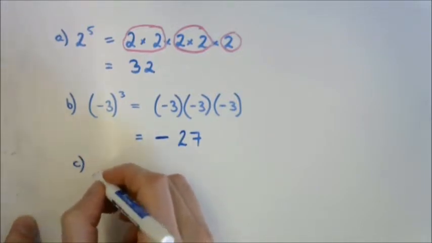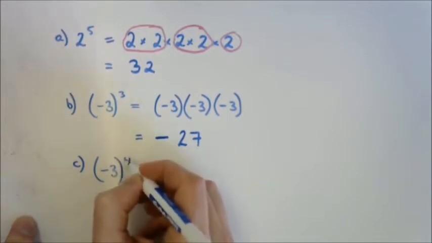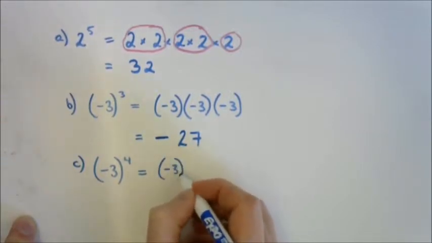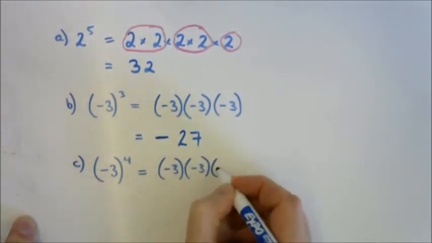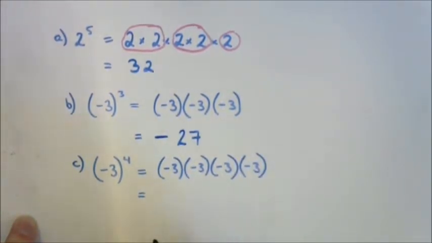The next one is similar to that one. We're going to run into the same issue with negative 3, but this time we're raising it to the power of 4. So go ahead and write that in expanded form. Determine whether it's positive or negative, not out loud.